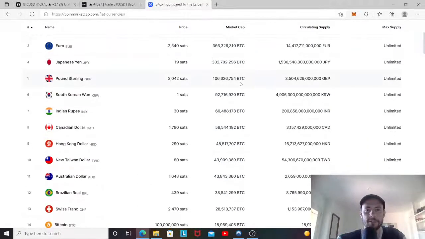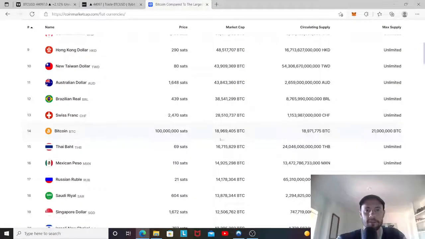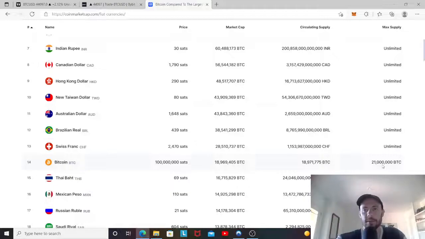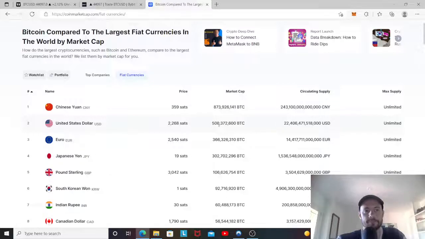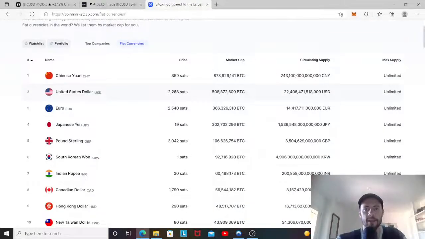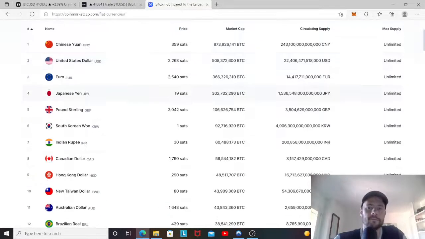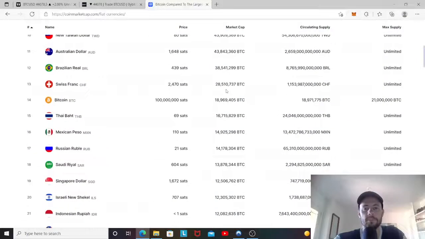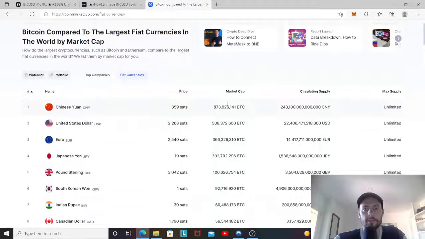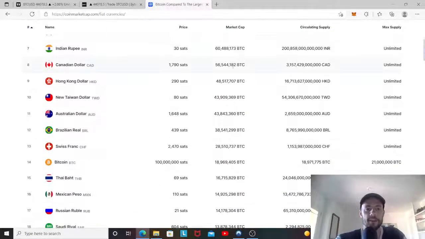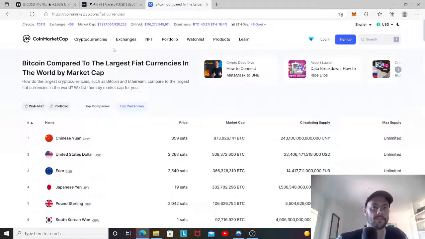And these all have a much higher market cap than Bitcoin. Bitcoin is down here at 18 million Bitcoins right now. Max supply 21 million Bitcoins. And the US dollar is way bigger. Market cap of 500 million Bitcoin. So, you know, if Bitcoin does get adopted by a lot of countries and all this fiat starts flowing into Bitcoin, could be crazy.